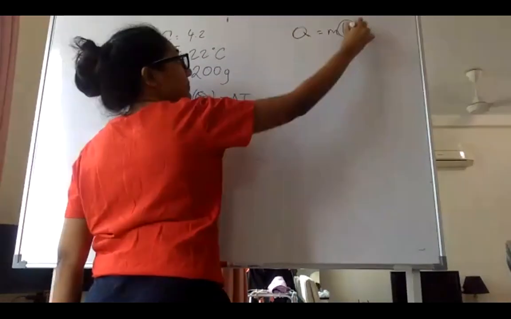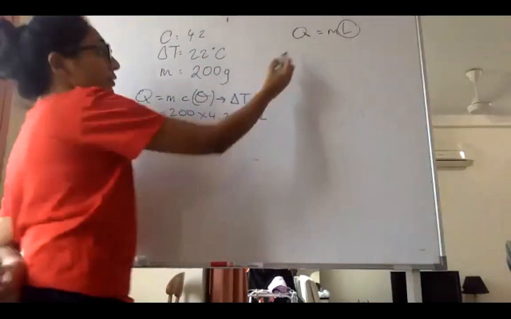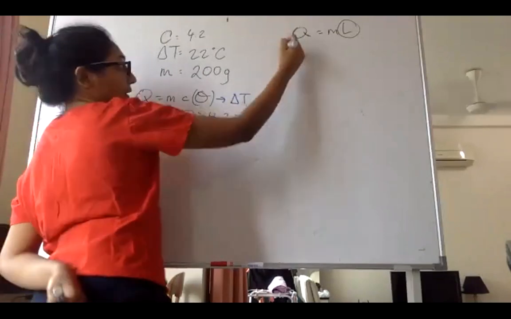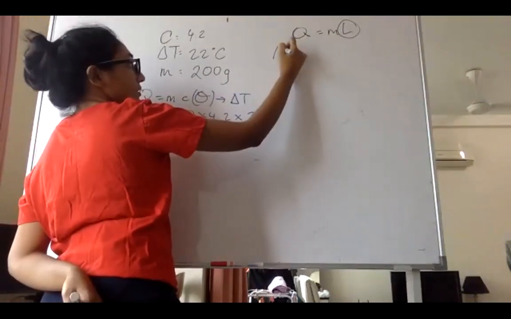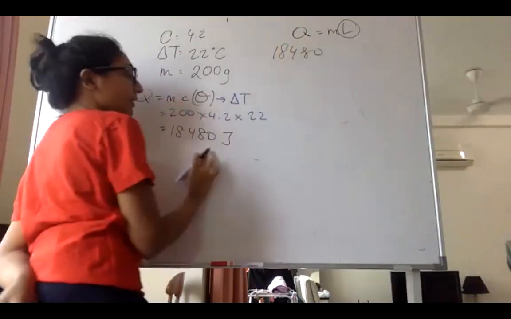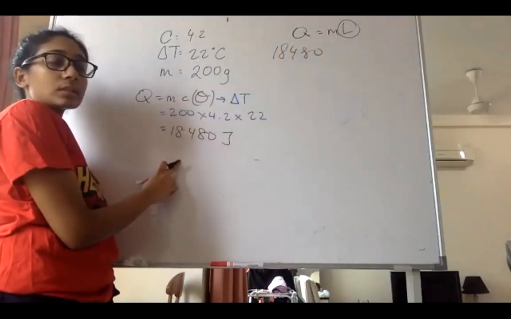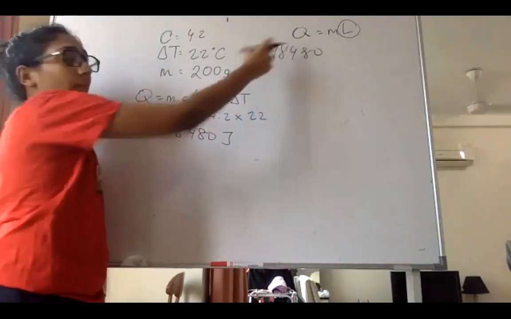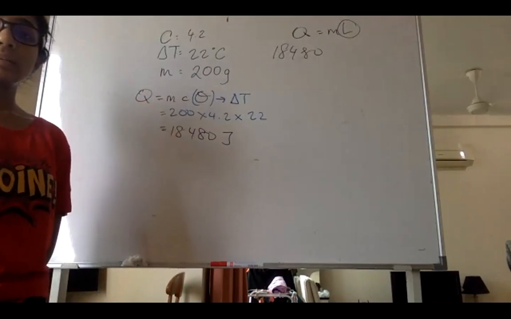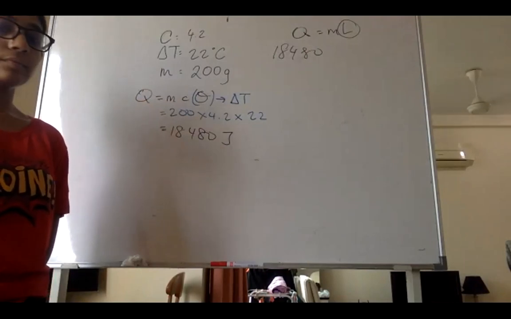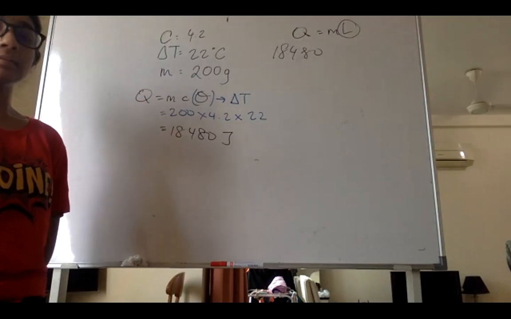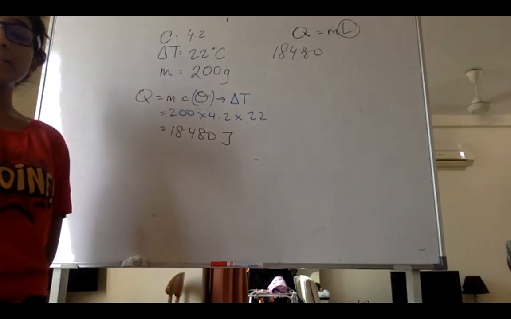L being the specific latent heat, Q is this one. So we want to find latent heat of ice. Why do I use the thermal energy of water when I want to calculate for ice?